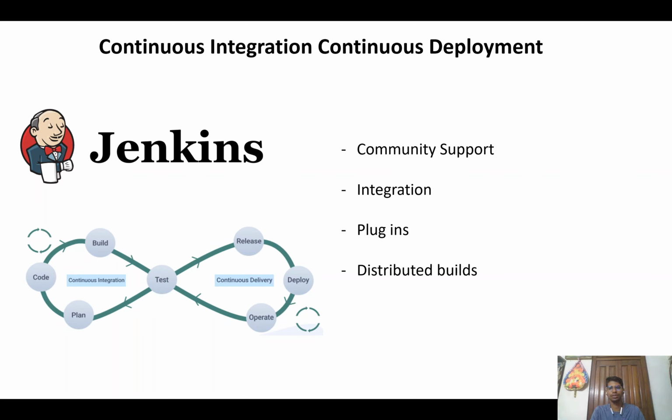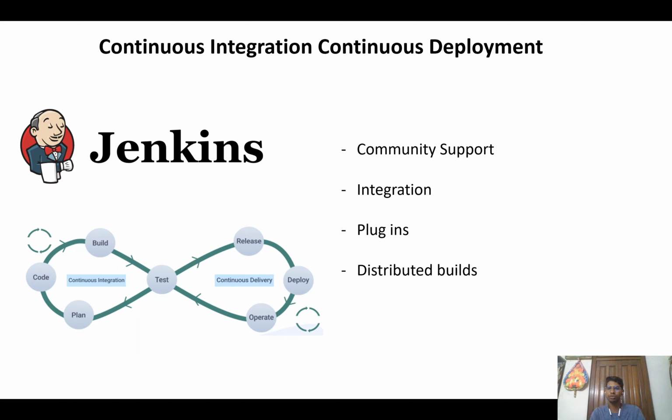Then we can deploy the build to the servers. I mean, by running the code, building the code, testing the code, after that we can deploy the builds to the servers.